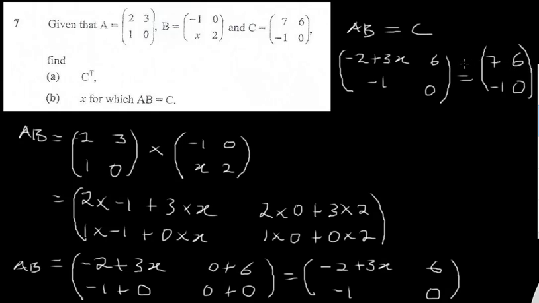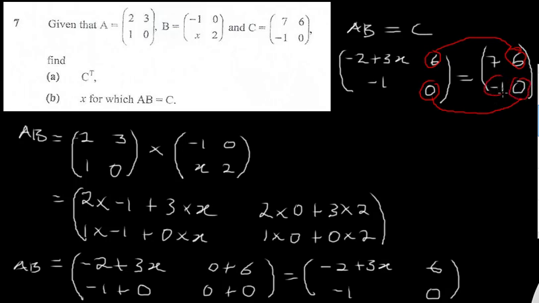So if you've noticed, this 6, let's write it in a different color. This 6 is corresponding with this 6 here, right? This 0 is with this 0 here, right?